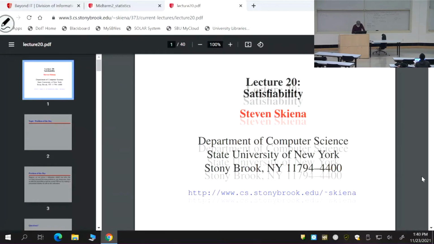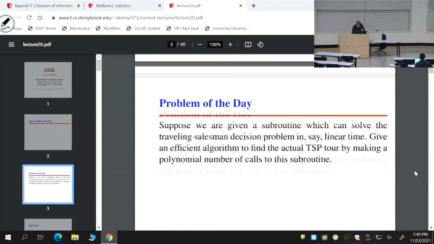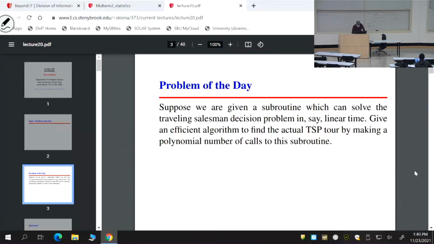Last class, we started introducing this idea of NP completeness. And I believe this was the problem of the day. Can everybody confirm that this is the problem of the day? Suppose someone sells you a magic subroutine that can solve the traveling salesman decision problem in order n plus m time.